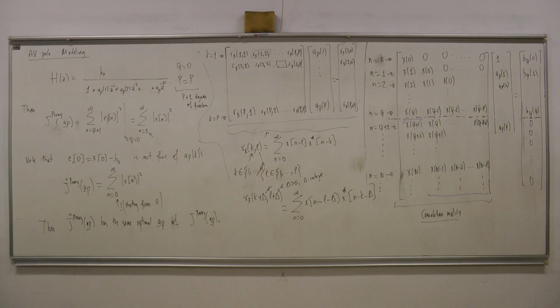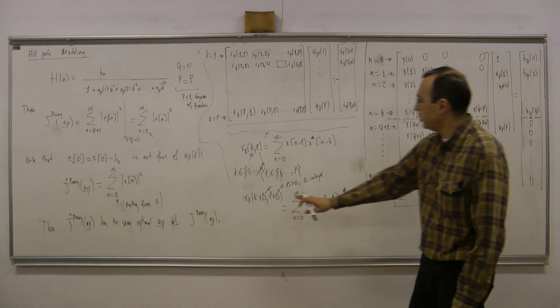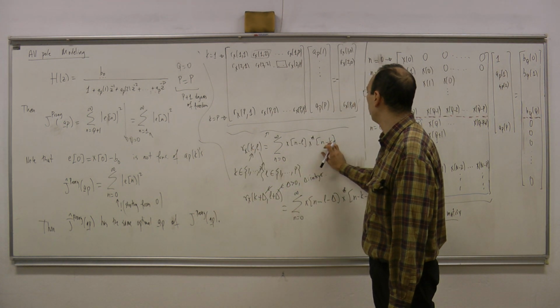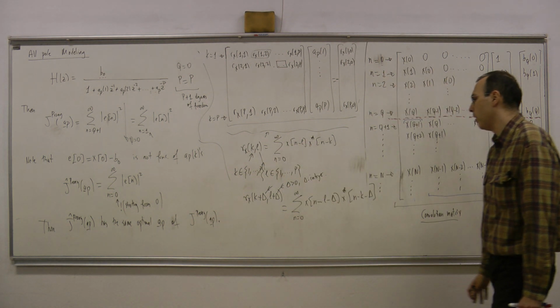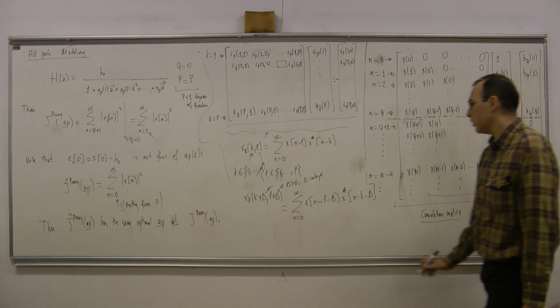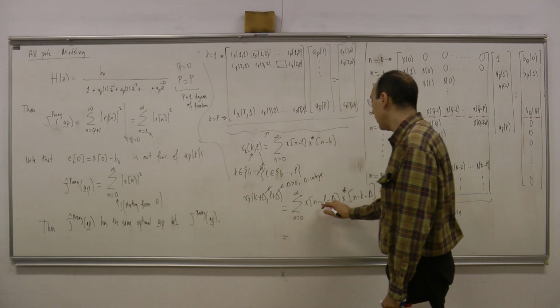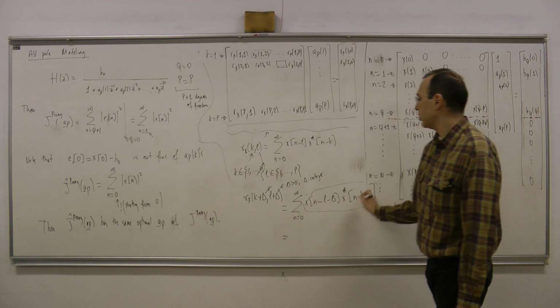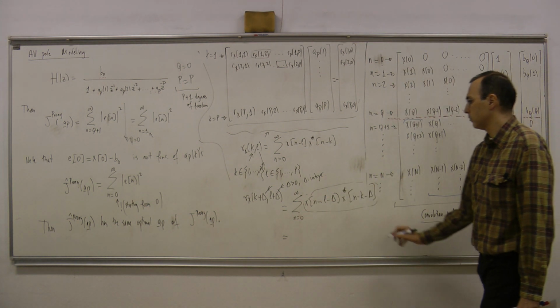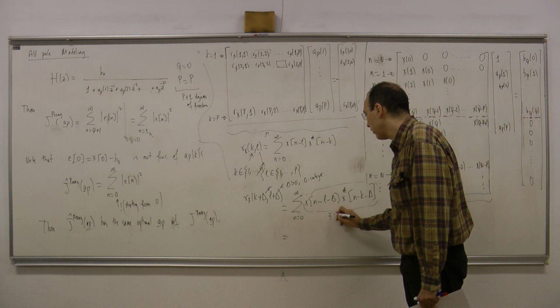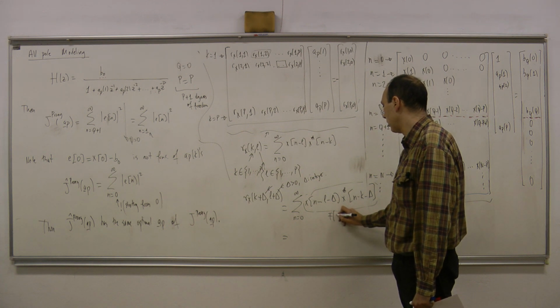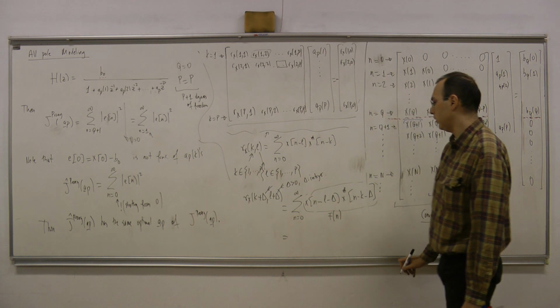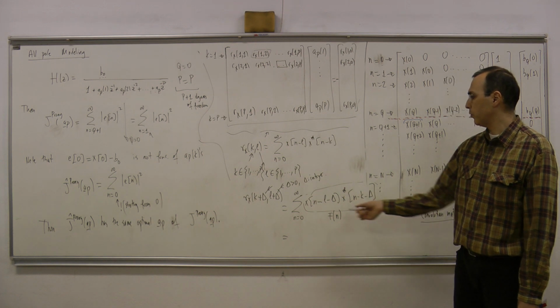So what should I do? Instead of k, I'm writing k plus delta over here, and the same for L. So let me change this summation index. Let me increment the argument of this summation by delta. Let me write f. There are fn's, which are all constant for the sake of this summation.